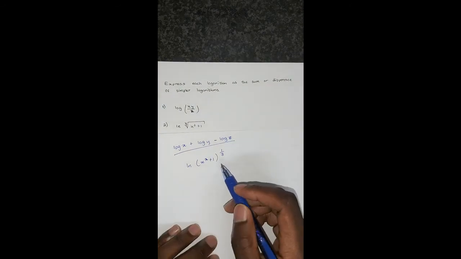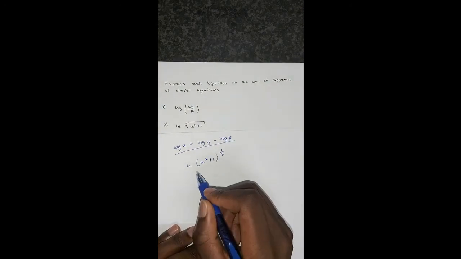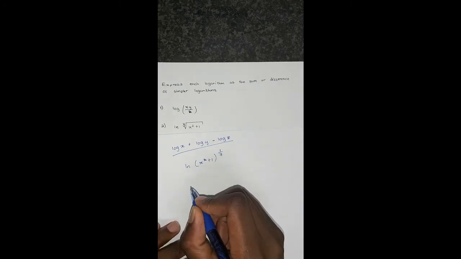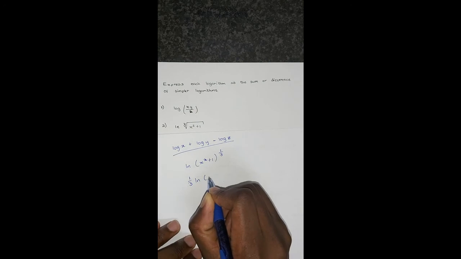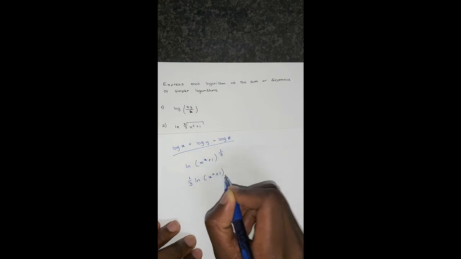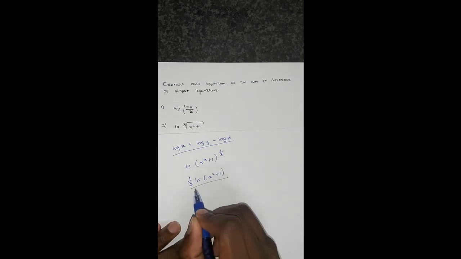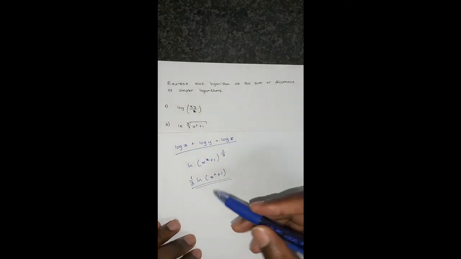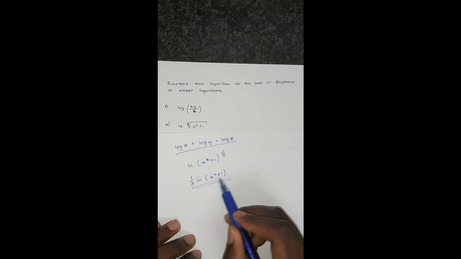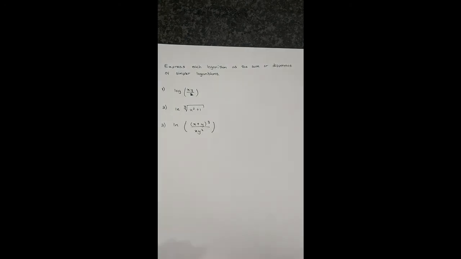Okay, so from here we can drop this down according to our laws or properties of logarithms. So it's 1 over 3 ln (x squared plus 1). So this one just stays as it is. You cannot further simplify it unless there was a multiplication or division sign within this bracket.